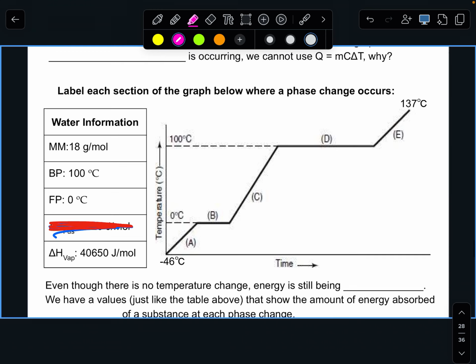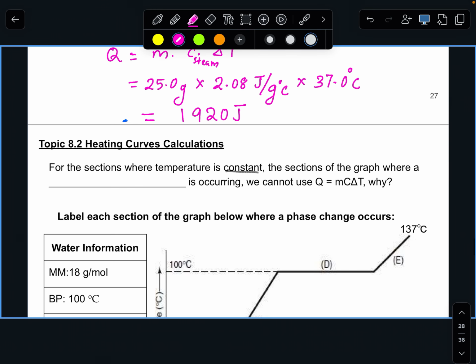Hey, look at this. Second part of this. For a section where temperature is constant, we cannot use the MCAT equation, right? Where heat change is occurring, we can't use this equation.